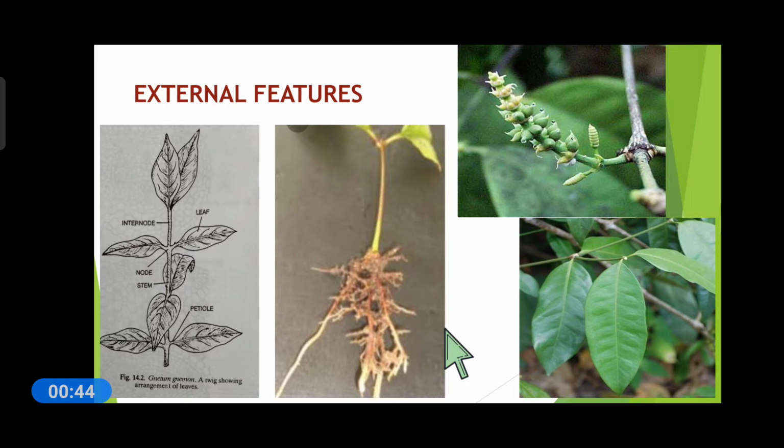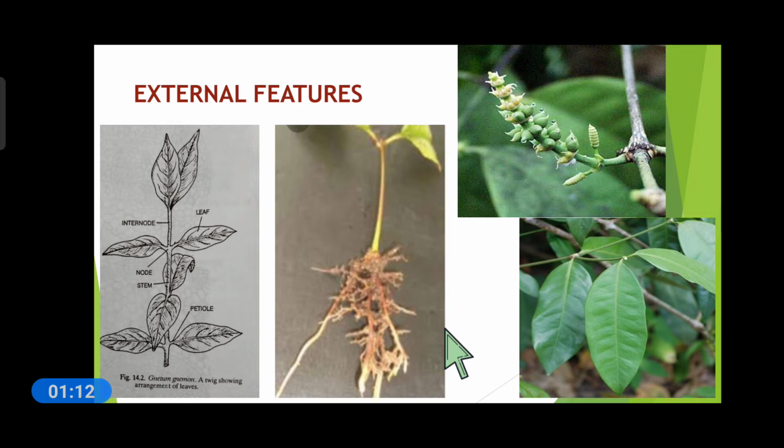A few other species, such as Gnetum contractum, are woody shrubs, whereas other species such as Gnetum gnemon are middle-sized trees. So just remember that some species are woody climbers, others are woody shrubs or middle-sized trees.